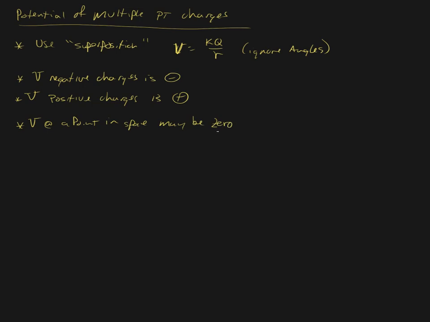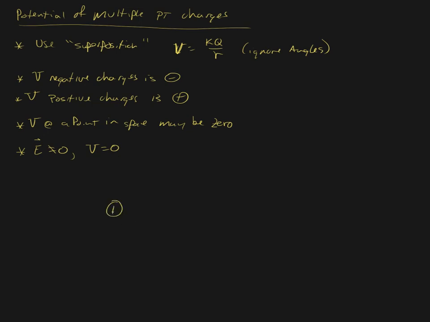And not to add any confusion to this, but just because the potential adds up to zero doesn't mean the electric field is zero. So the electric field may not be equal to zero, but the potential is equal to zero. And let me give you an example of that.